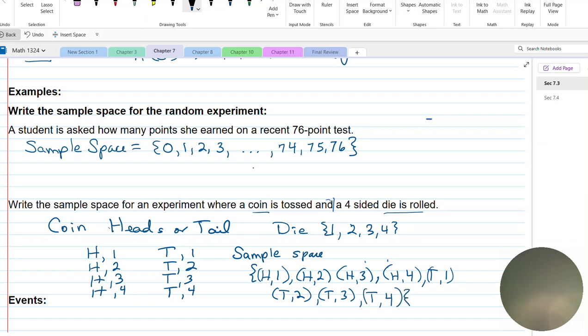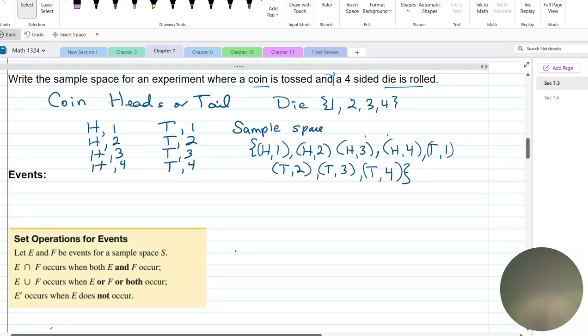Now this is the theoretical outcomes of what could happen if we were flipping a coin and rolling a 4-sided die.